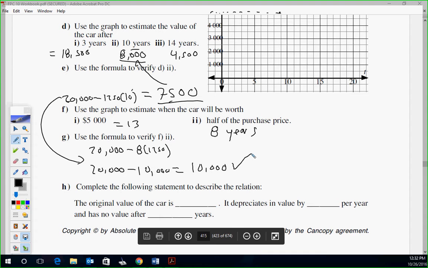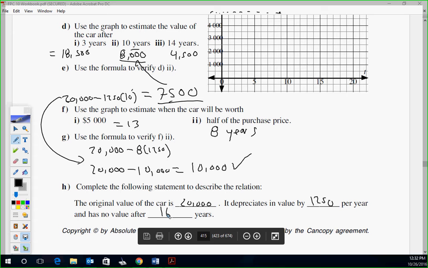That's good. Complete the following statement and describe the relation. The original value of the car is 20,000. It depreciates in value by 1250 per year and has no value after, what was the years again? 16 years? Okay, 16 years.